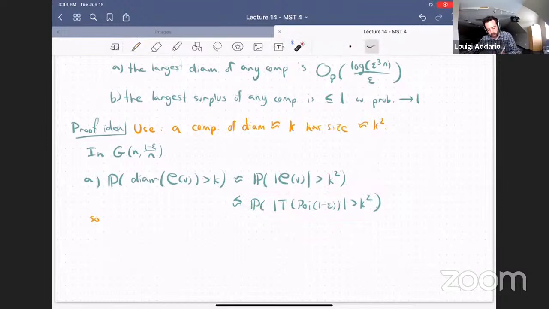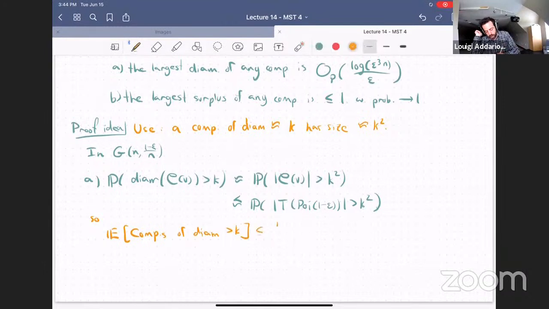Let me for the moment just treat this as a bound, use it to derive a bound on the expected number of components of large diameter, and then use what we know about how these probabilities decay. So that tells me the expected number of components of diameter bigger than k. Well, if each such component has about k squared vertices, then the number of components of this diameter is about a factor k squared smaller than the number of vertices in those components, because each component will have about k squared vertices.